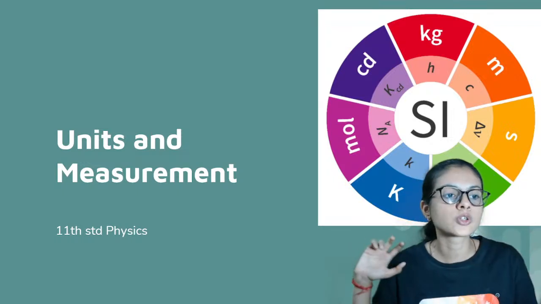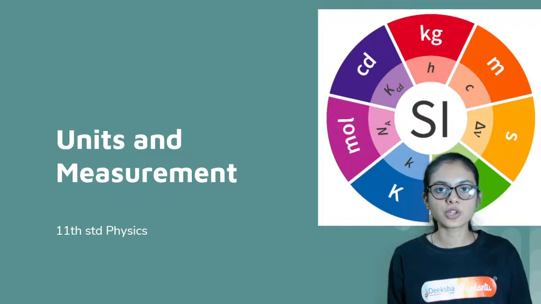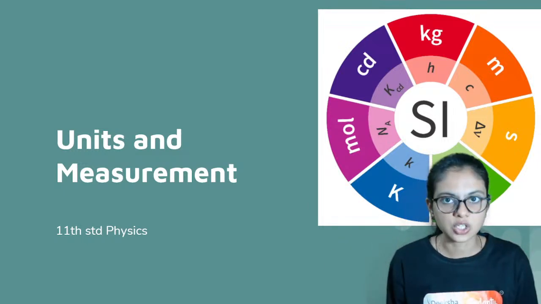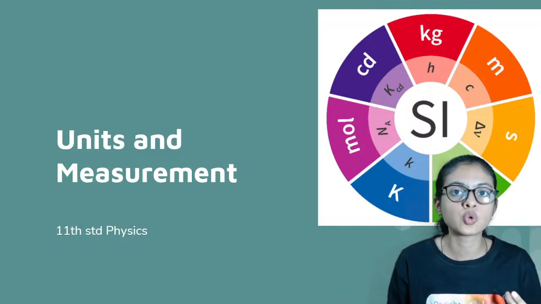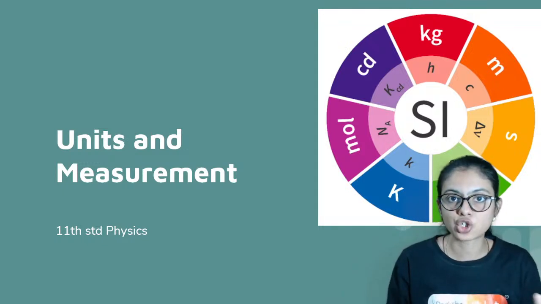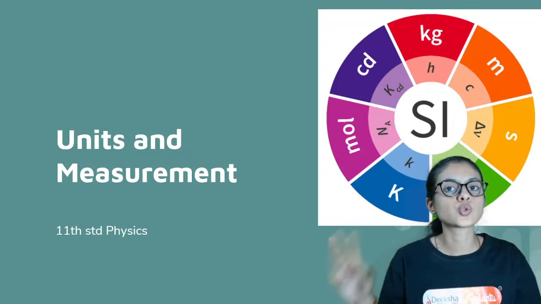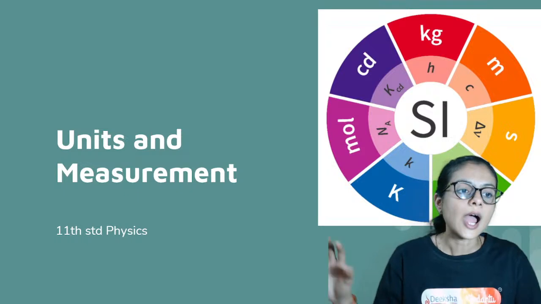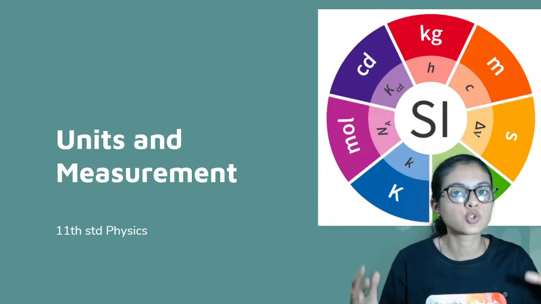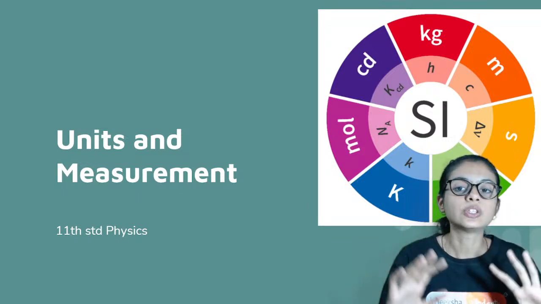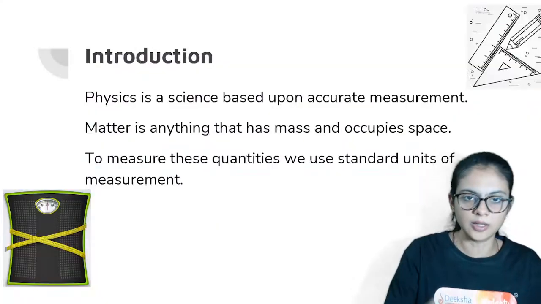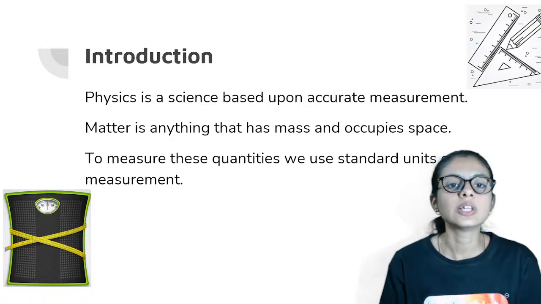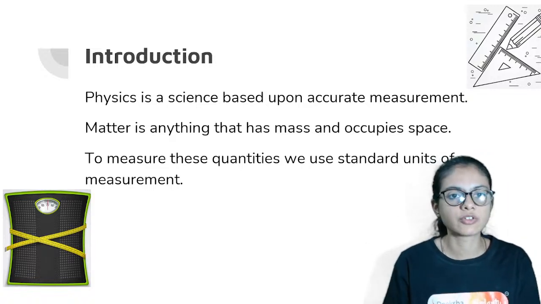If I go to some other country, they will measure mass in pounds. So it would be difficult to carry out transactions of goods, accurate measurements, and currency exchange. These kinds of problems were running in the world at that time. Then SI units were introduced. This is how SI units came into the picture. So let me give you a basic introduction.